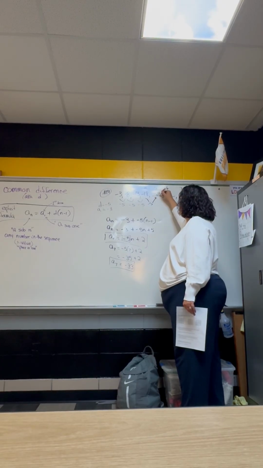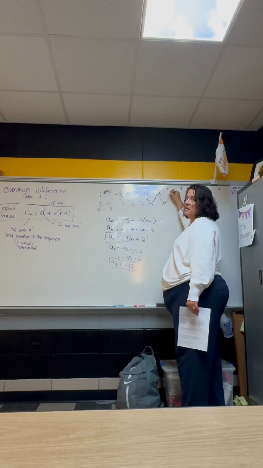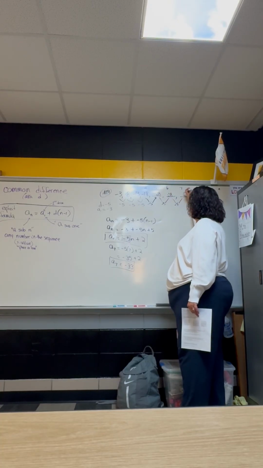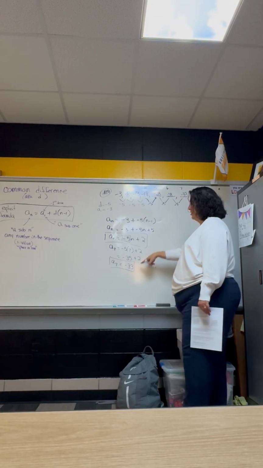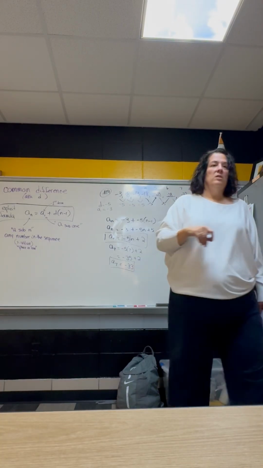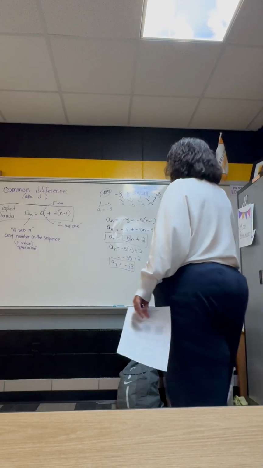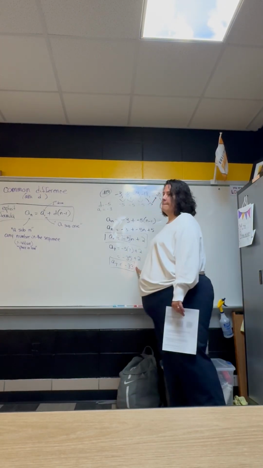Good, Maximus. -23 minus 5 gives us -28. -28 minus 5 gives us -33. Does it match? Yes. So we can do it the hard way. But remember, mathematicians are lazy. If there's a shortcut, we're going to do it.